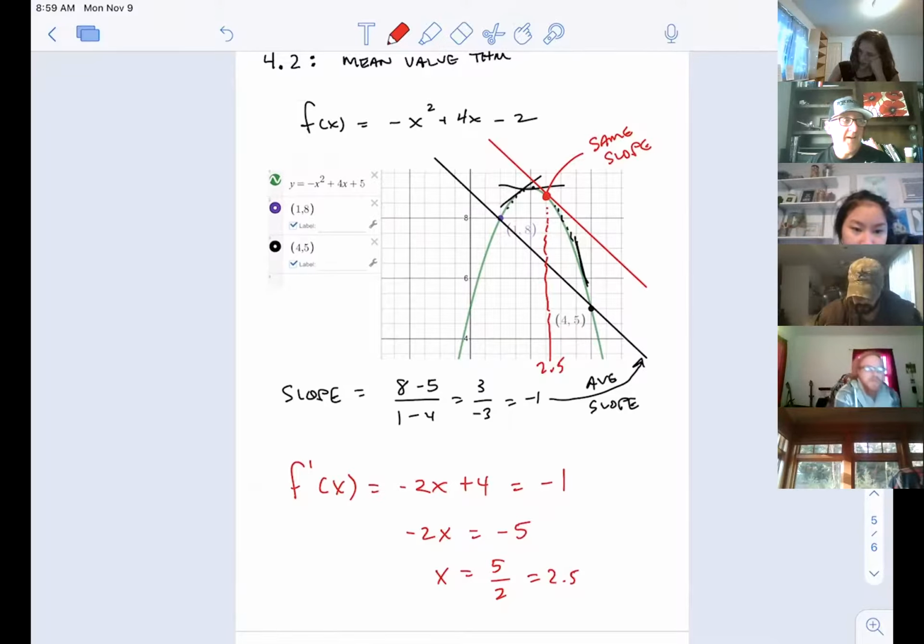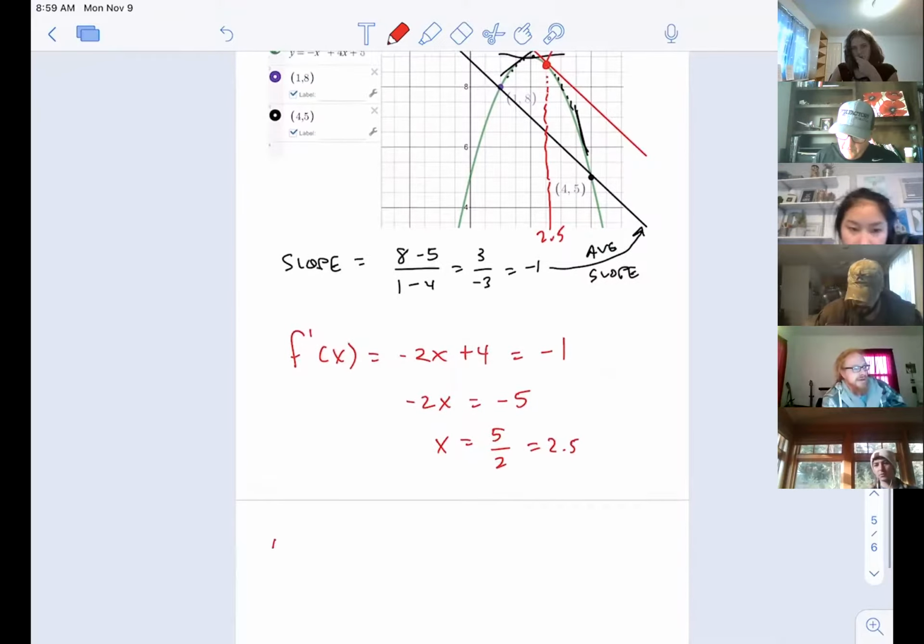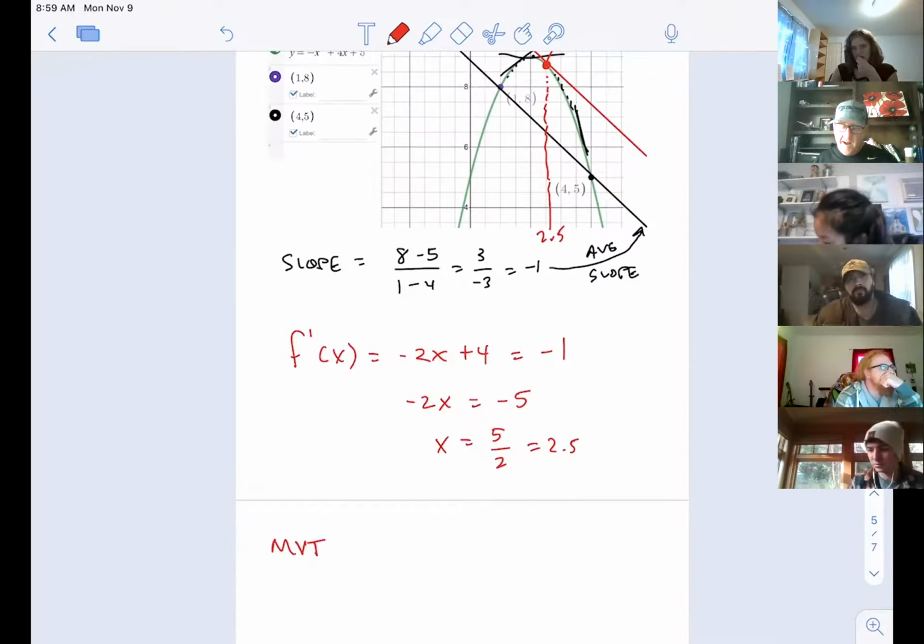In this case, we got kind of lucky that it's exactly halfway between 1 and 4. That isn't always the case. So I found it. I was actually going to ask you if it was going to be halfway between the 2 points. It is, because this is such a nice graph.